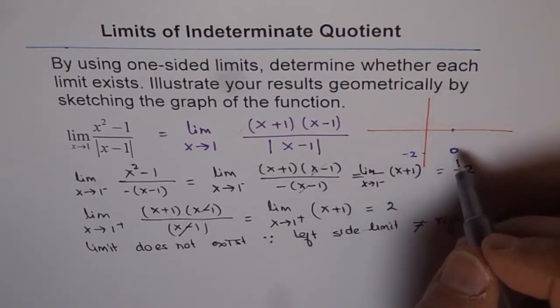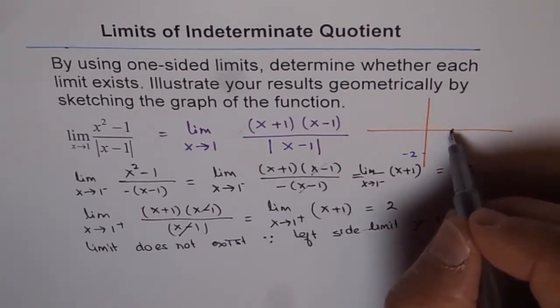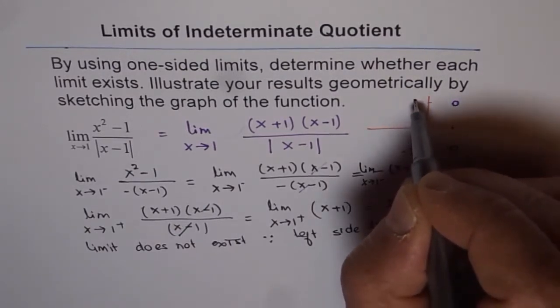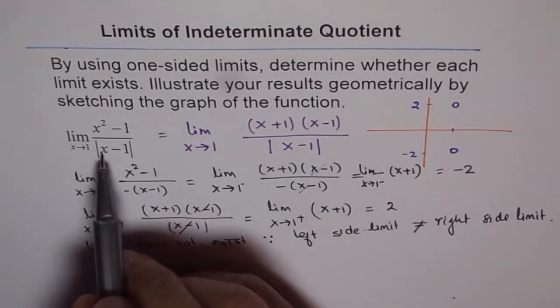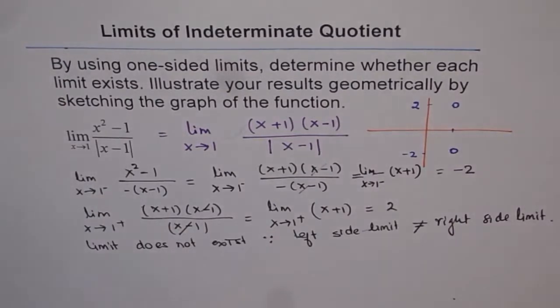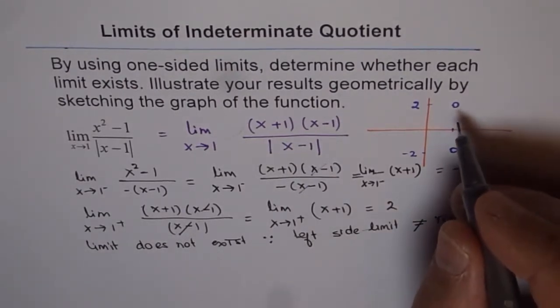Now if we are approaching 1 from the right side, we get to plus 2. So there is a hole at plus 2. We cannot write 1 here because at 1 the function is not defined, since we get 0 in the denominator, correct? So we have a hole here.